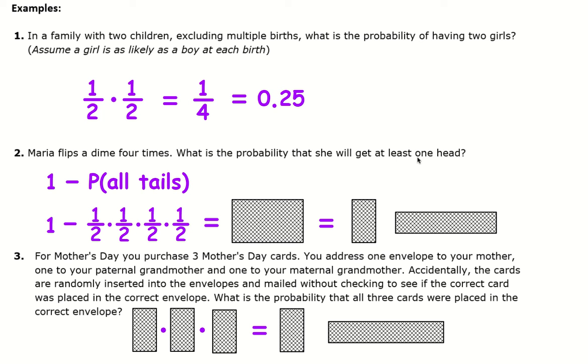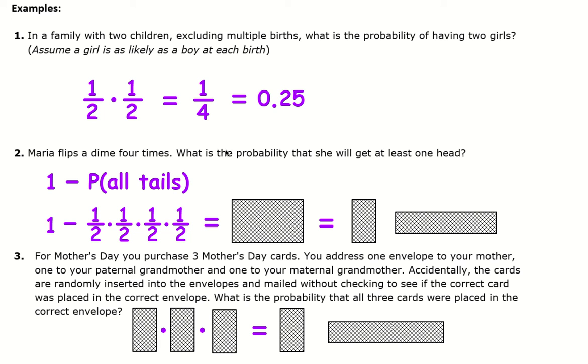The thing that's making this extra convoluted is that it's at least, okay? That means she can have 1, 2 dimes that land on heads, 3, or all 4.